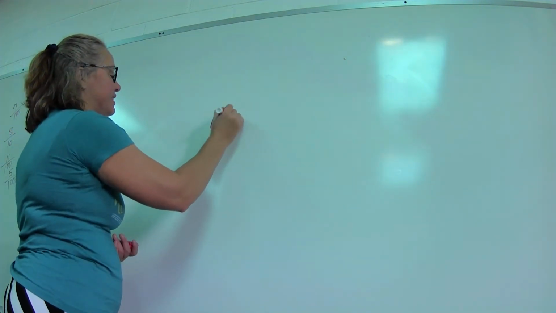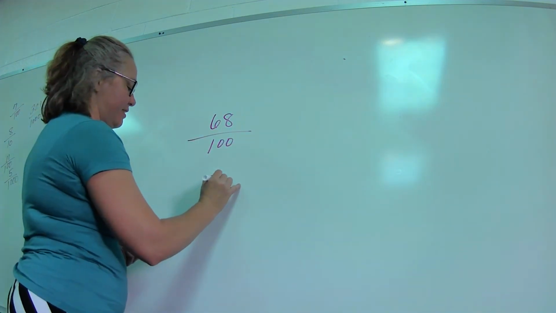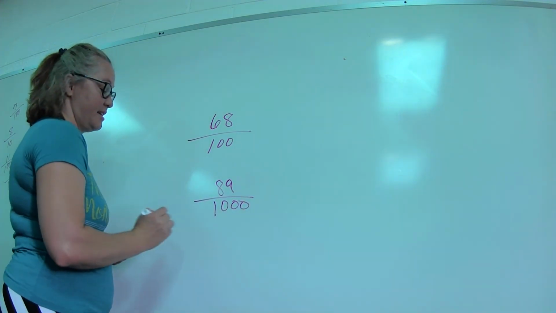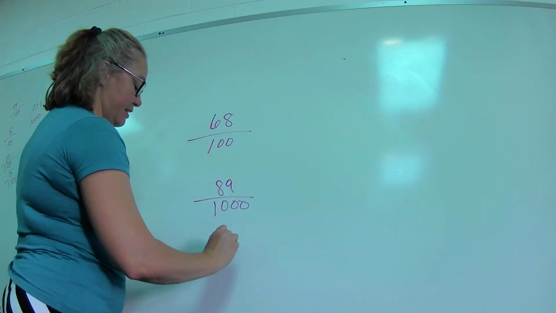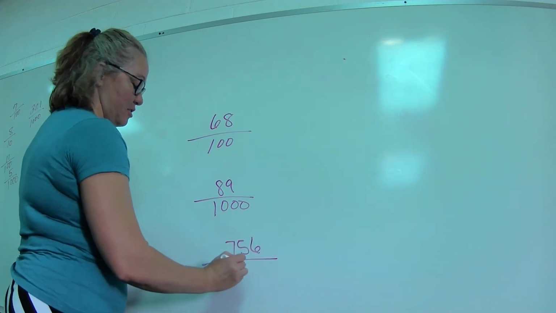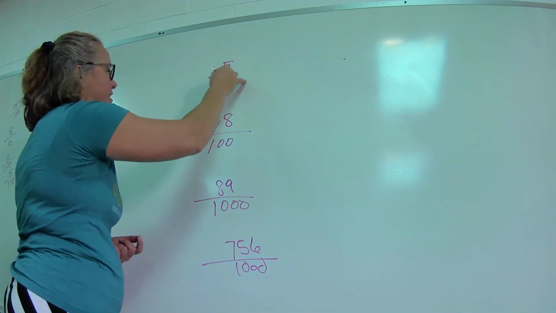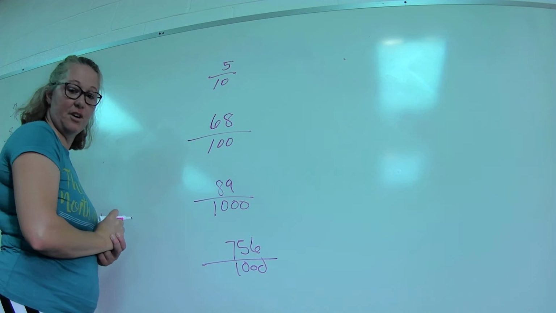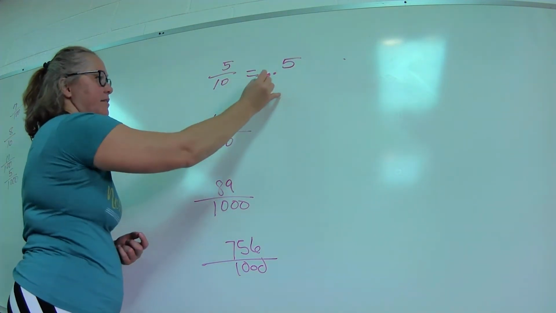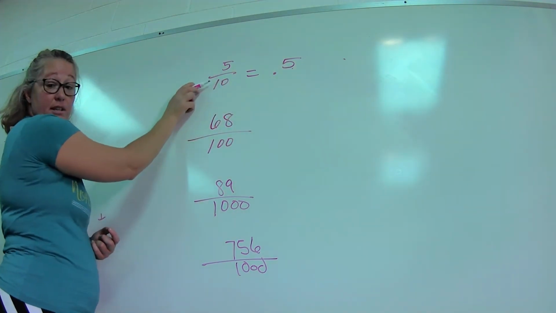All right, say I have 68 hundredths. Say I have 89 thousandths, and I have 756 thousandths. And let's come up here and write, say 5 tenths. All right, let's start with 5 tenths. Decimal, 5. My decimal, and then I have the tenths place, and that's what I need, 5 tenths.